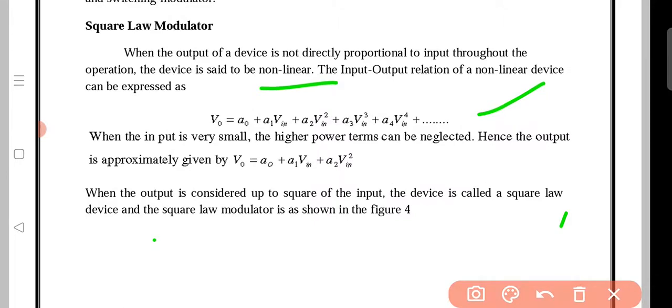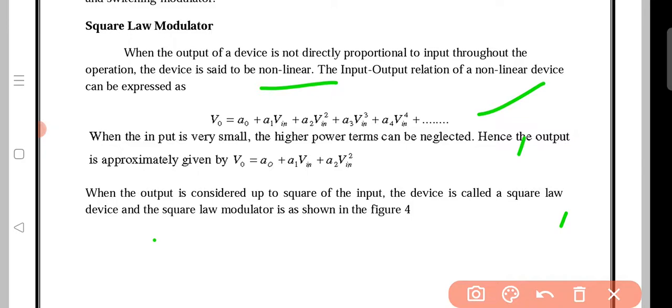I once again repeat, if the output of a device is not directly proportional to the input throughout the operation, that condition is called non-linear. You just remember that. Here we use this non-linear device for the generation of AM waves. The message signal is a very low frequency signal, so the input is very low.